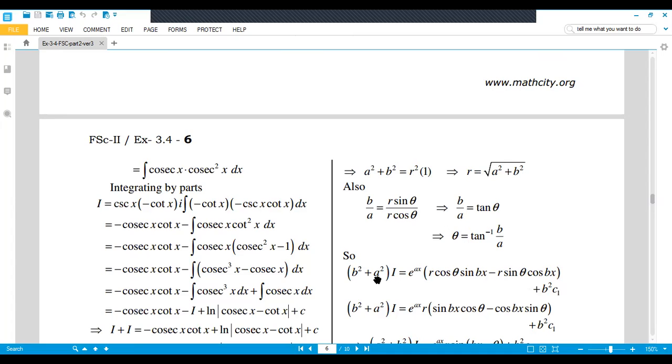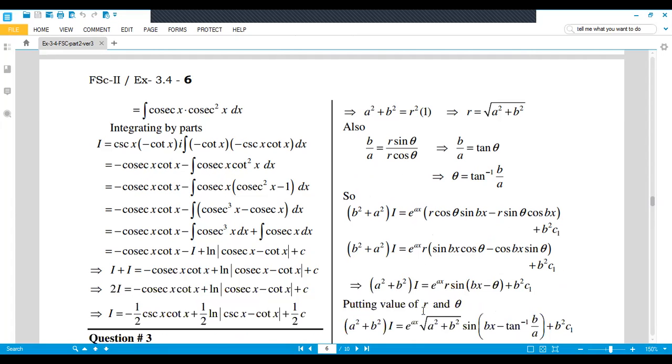So we get b square plus a square, e power x, r cos theta sine bx minus r sine theta cos bx. So we take r common. When we take r common, we get sine bx cos theta minus cos bx sine theta. This is the formula: sine alpha cos beta minus cos alpha sine beta is sine alpha minus beta.